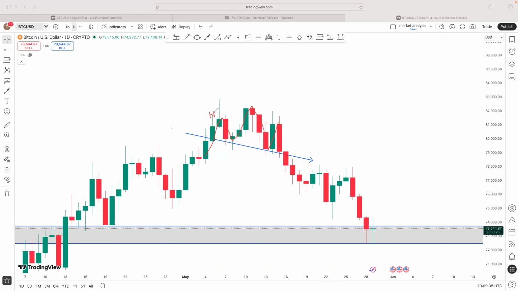This is the high, this is the higher low, this is the high, this is the lower low, this is the lower high, this is the lower low. What is this pattern? It's a reversal pattern. The market was telling you that they're going to reverse back.